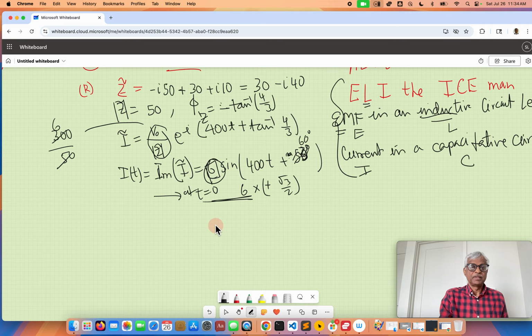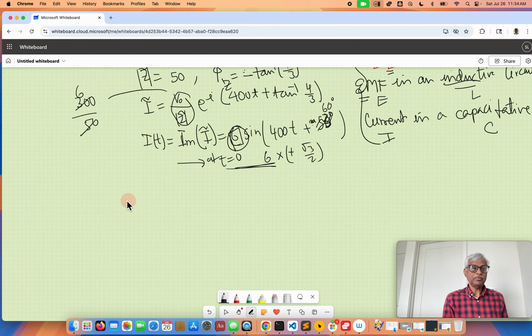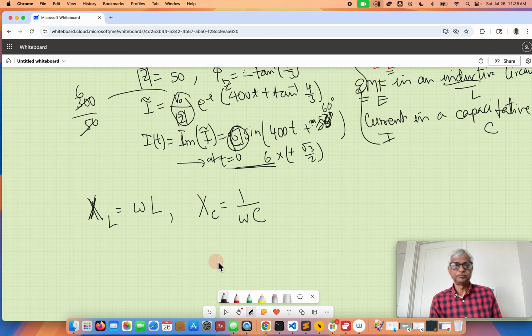So in a circuit you look at, no, don't look at Z, but you look at XL, which is omega L, and XC, 1 over omega C. Okay, and compare which is going to dominate.